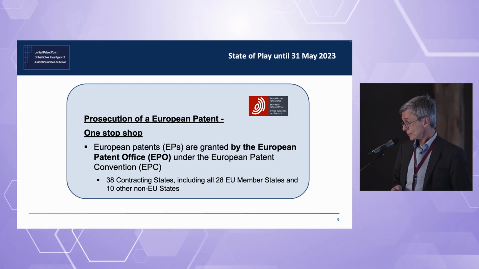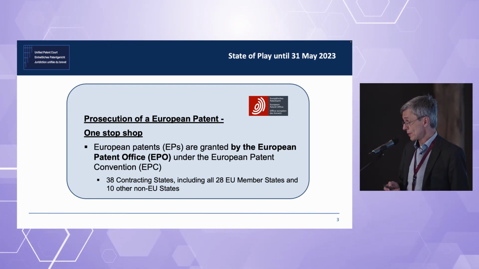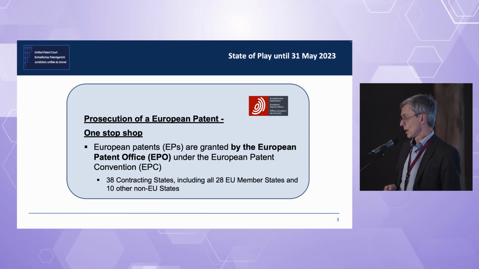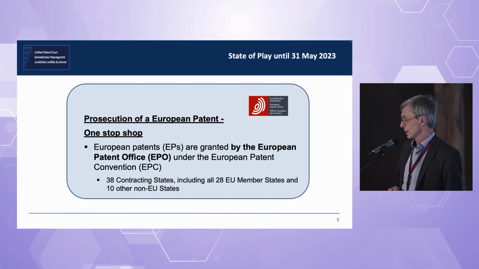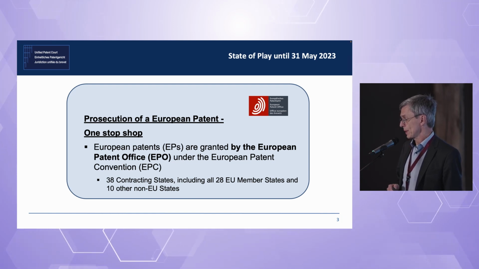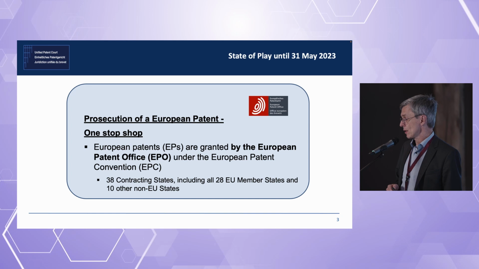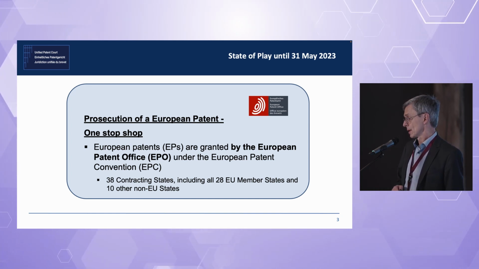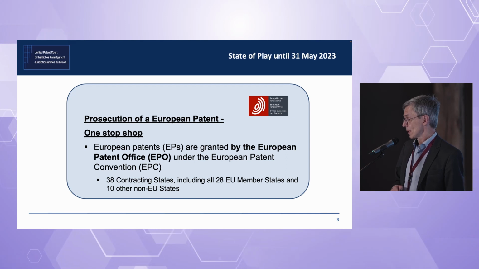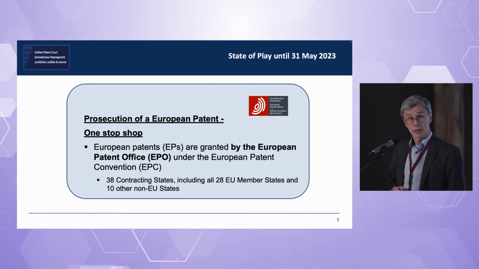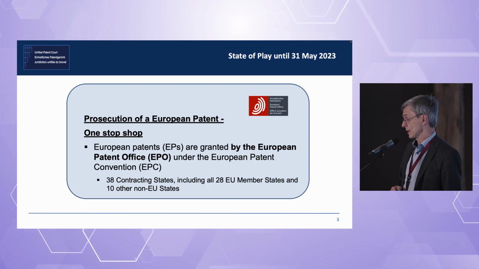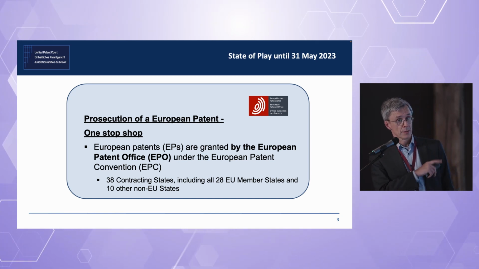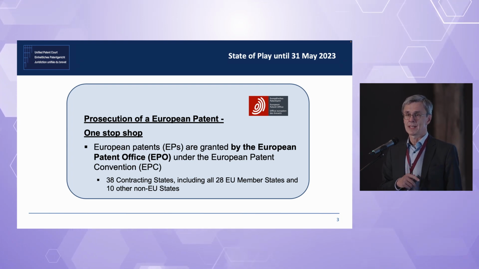Okay, now the first step to create a European patent system was setting up the European Patent Office on the basis of the European Patent Convention. That's an international treaty. And it currently has 38 contracting states, including all 27 EU member states.